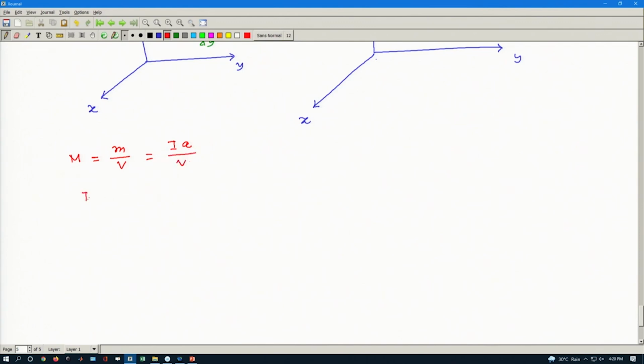So, the current I can have magnetization into volume per area, and that eventually gives me magnetization into length, right.